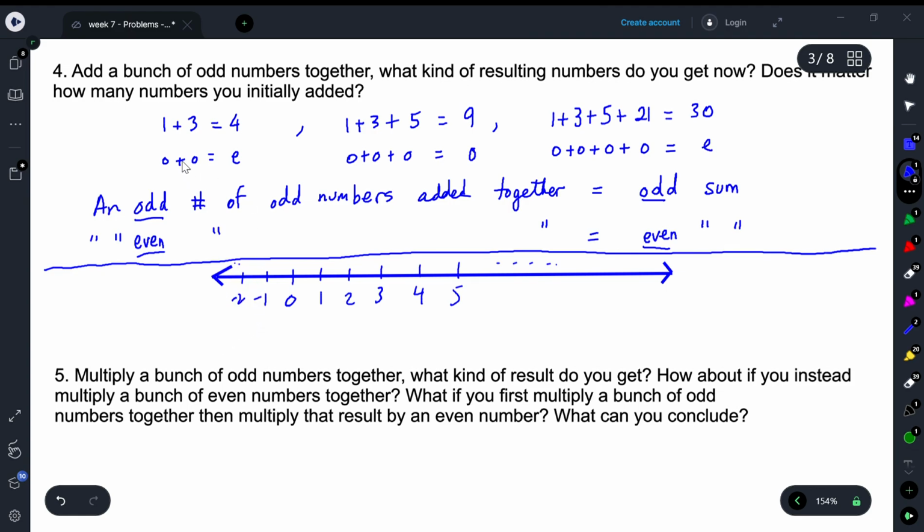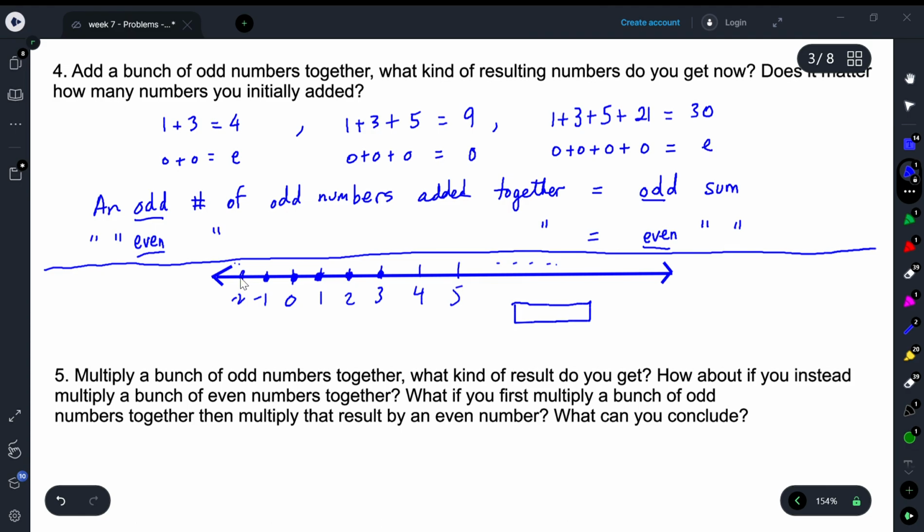Now imagine we start with 2 odd numbers. Notice any odd number is right in between 2 even numbers, and any even number is right in between 2 odd numbers. Basically, they alternate, they switch. If you add 1 to an even number, you get an odd. If you then add 1 again to an odd number, you get an even number.